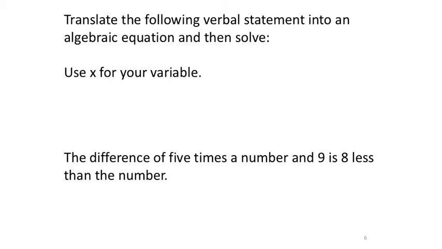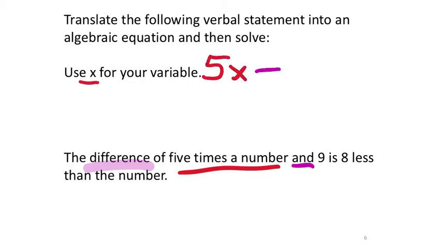Okay, so let's break this apart. The difference. Difference indicates subtraction, so I'm going to put a subtraction sign here. What are we subtracting? 5 times a number and 9. The "and" goes with the difference, so the "and" here is splitting the 2 things that we are subtracting. Well, that would be the first thing, 5 times a number, and they told us to use x for the number, so I'm going to write that as 5x.